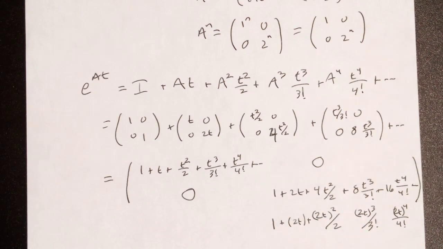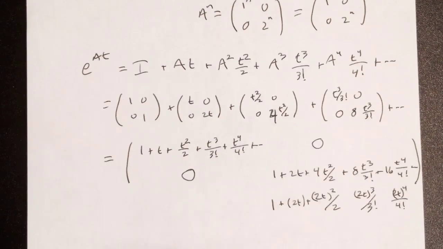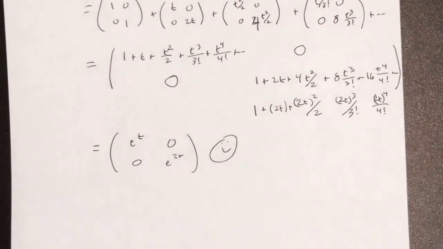It's the same thing, just with 2t in place of t, next to where the zero is, right?